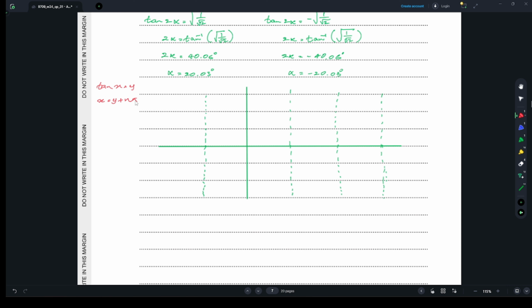Pi is 180, so 180 plus 20, so around 190 something, and so on.